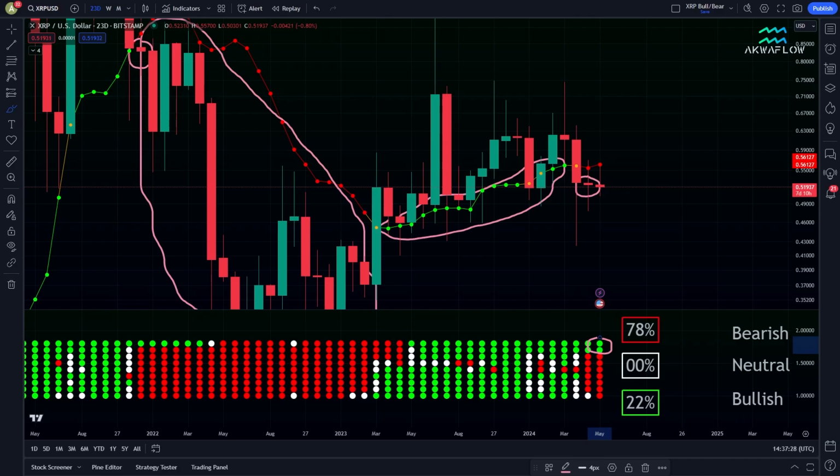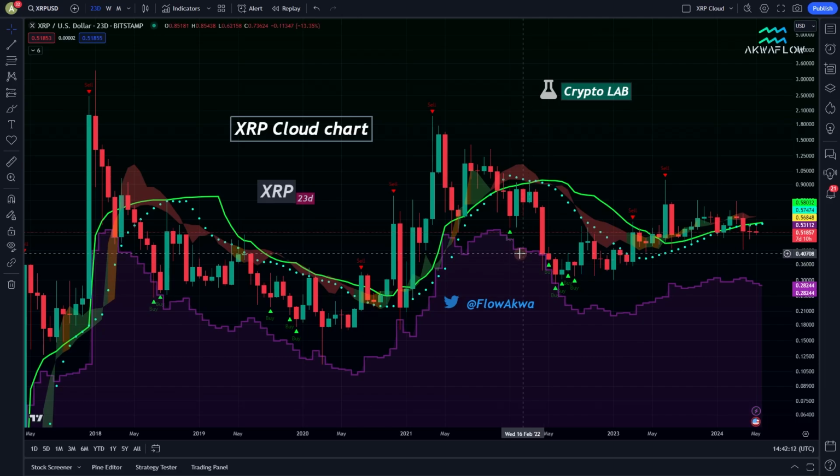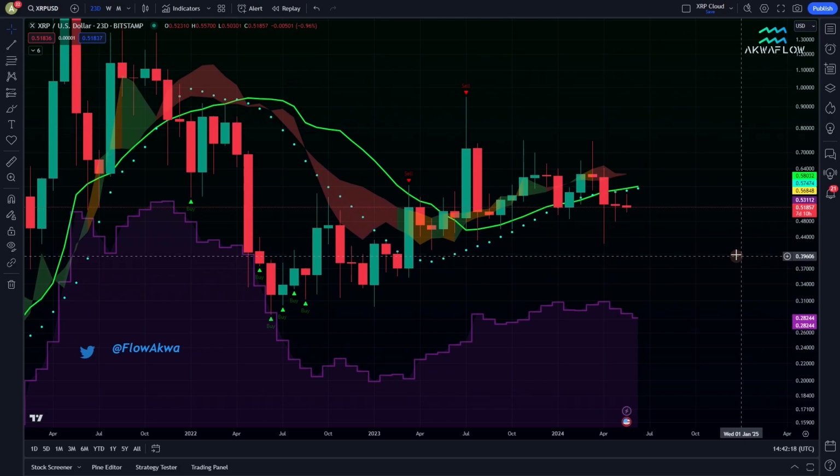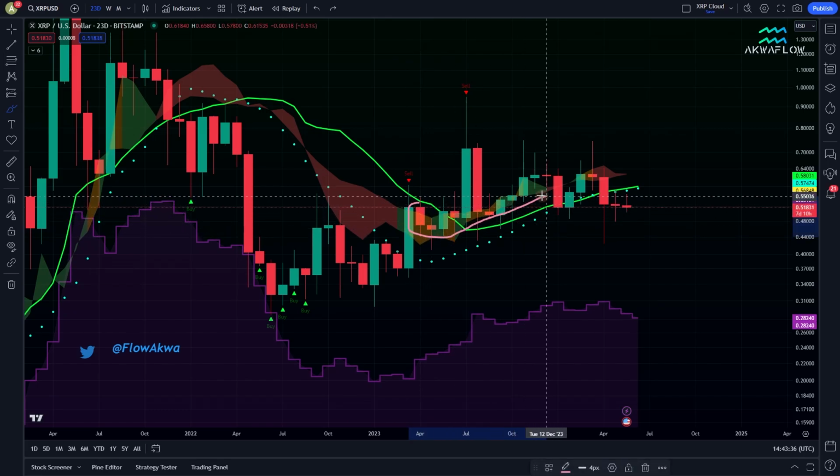So sorry for the bad news, but it is what it is, and I only share what my indicators are telling me. It's time for the last chart of the day, the cloud chart. Okay, so you know that this chart was the first one to give us an early bearish sign for XRP. First, we had a breakout with this huge green candle, and then we stayed above the cloud during this entire phase of the market. You see it, right?